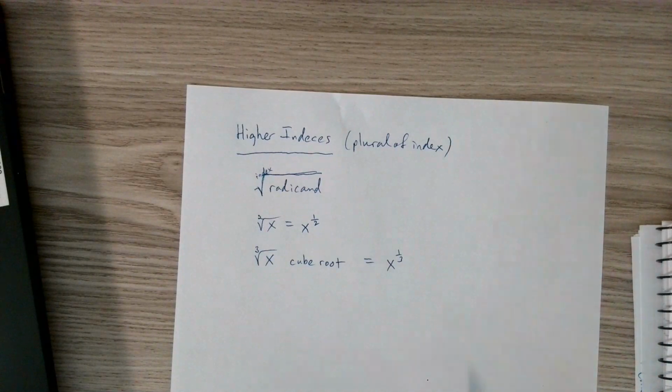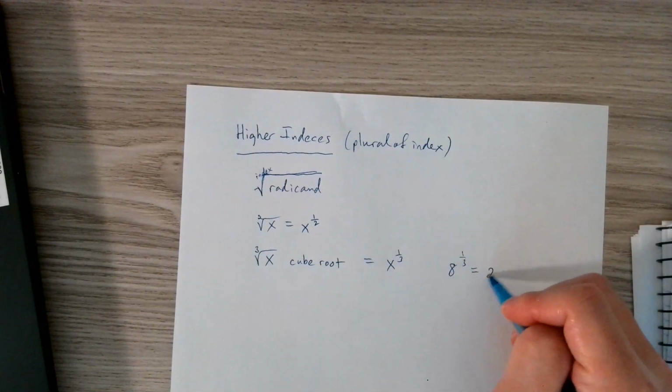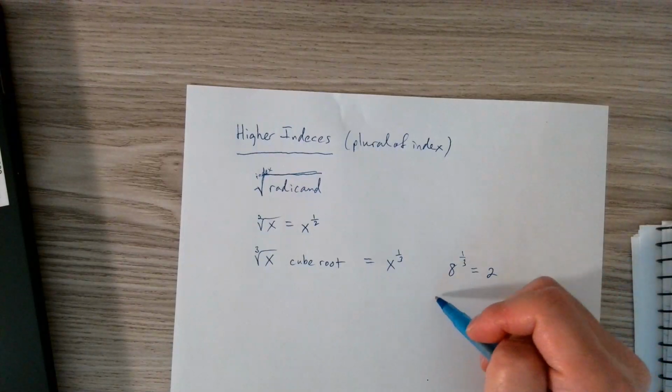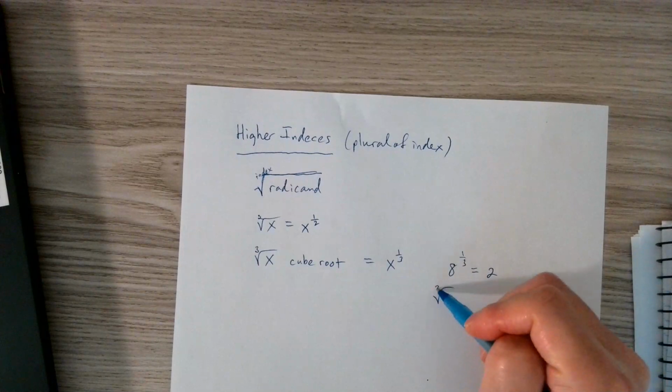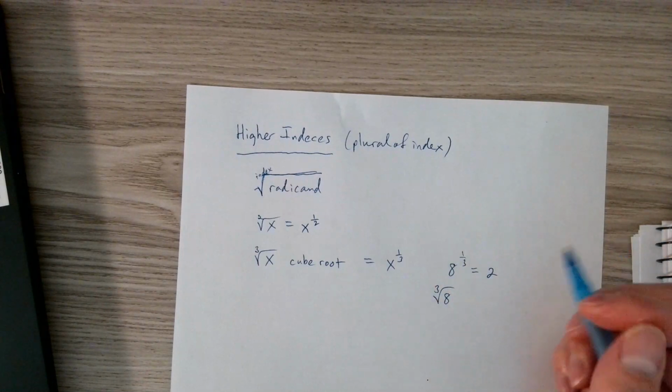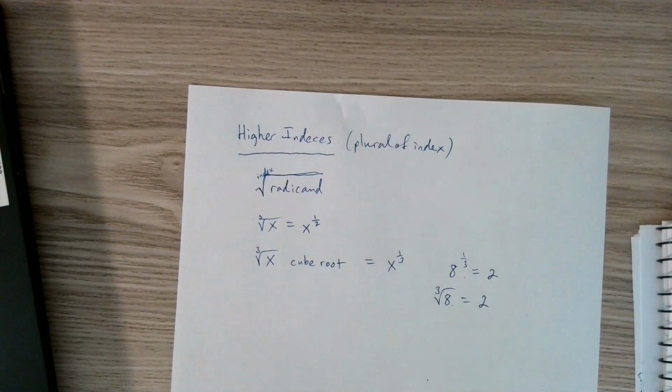And we know from exponents that, for example, 8 to the 1/3 power is 2. So that means cube root of 8 is equivalent to 8 to the 1/3. So that is also 2.